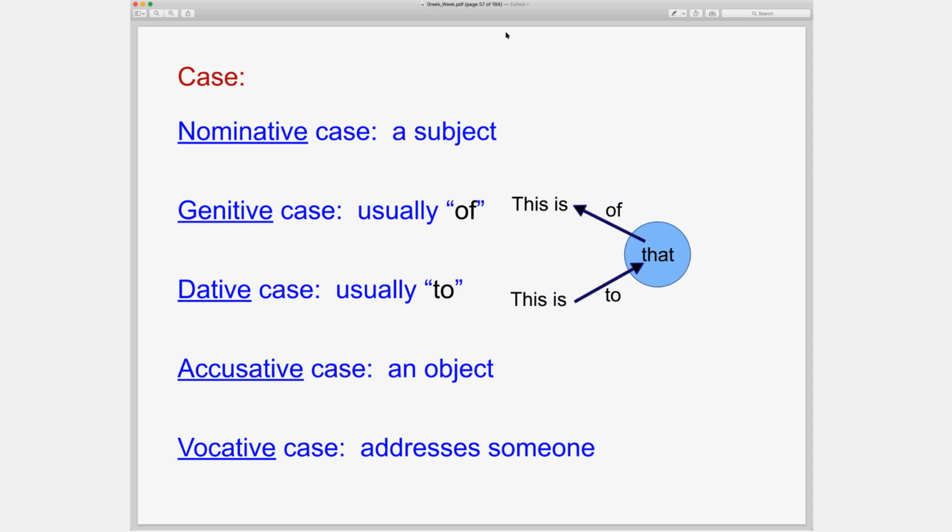So genitive, look at the diagram, means that this thing is of that. The relationship between this and that is in that direction.